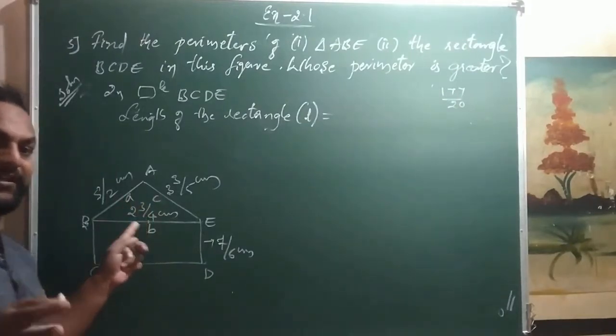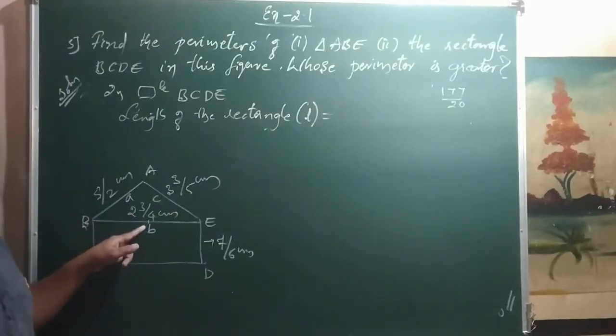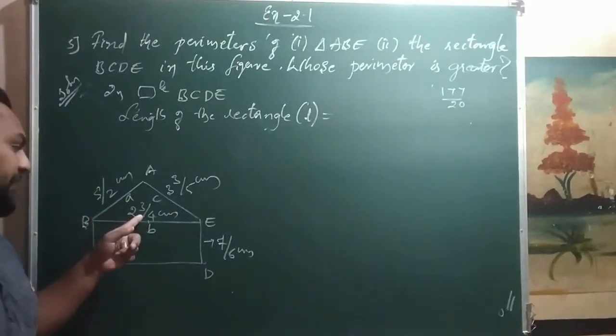ABC are the sides of the triangle. Here the length of the rectangle is equal to the second side of the triangle.